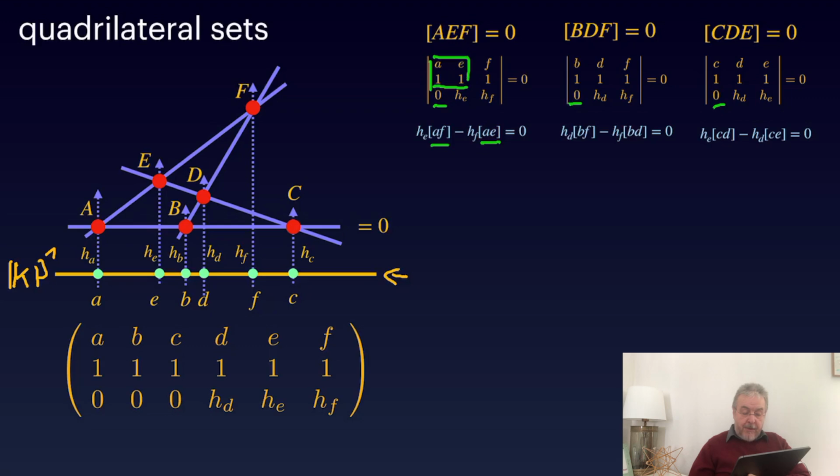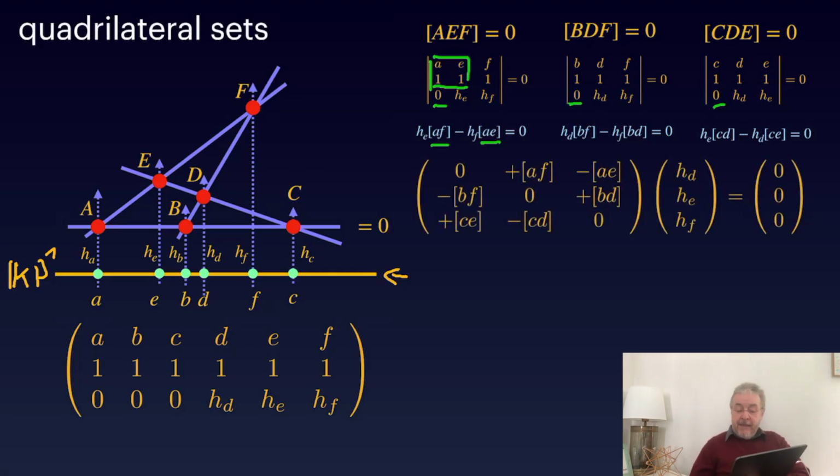So, how to continue? Well, we want to satisfy all three equations that we have here at the same time. So if you look at them, you notice that all the altitudes here occur linearly in these expressions. So if they occur linearly, we can write down a linear equation. And the linear equation we get is this one.